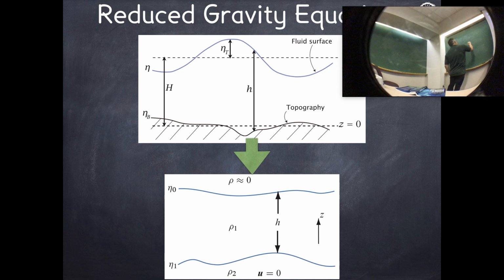I said it before quickly. I want the pressure in the next layer down to be what? Constant, at least in space. So is this enough to express constant?